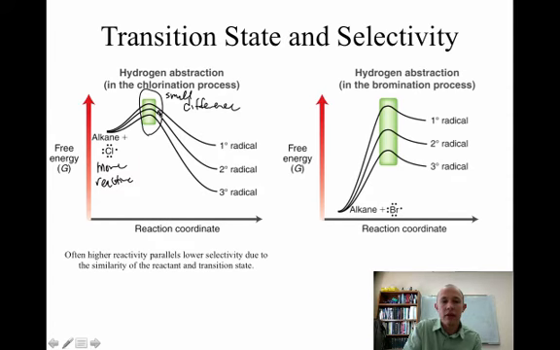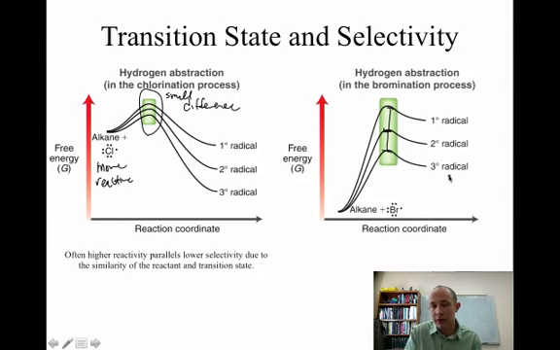So the rate at which you form primary, secondary, or tertiary radicals will be pretty similar, right? Whereas look at the difference between the transition state energies between tertiary and secondary, secondary and primary. There's a big activation energy difference between forming a tertiary radical and a secondary radical.